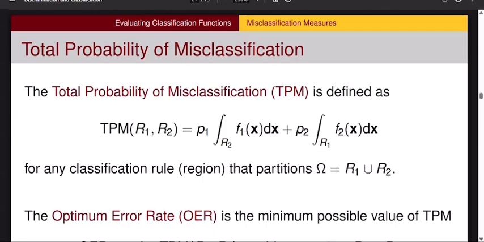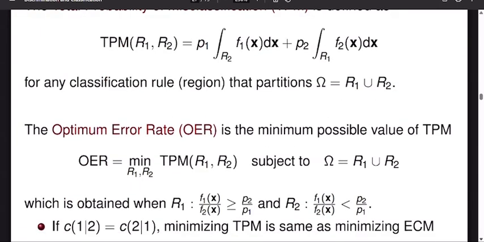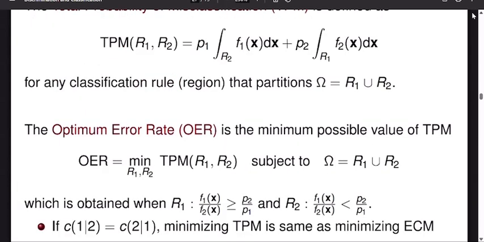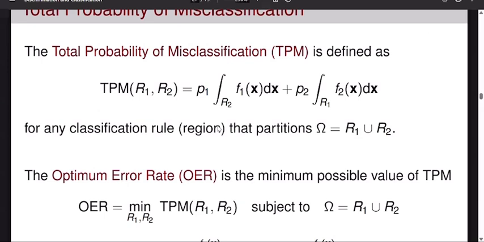Now, from there, we can find what I call the optimum error rate, OER. The optimal error rate is the minimum possible value of the total probability of misclassification.